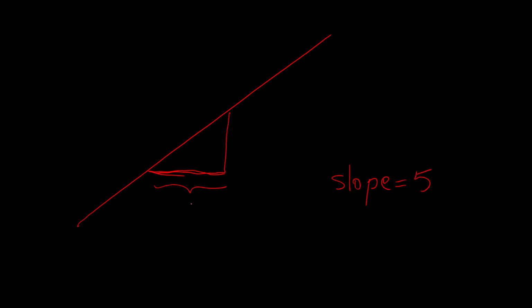That means if this is 1, the vertical is 5. So if you go 1 step forward, you should go 5 steps upward to find the graph again and continue on your line. This is the meaning of a slope.